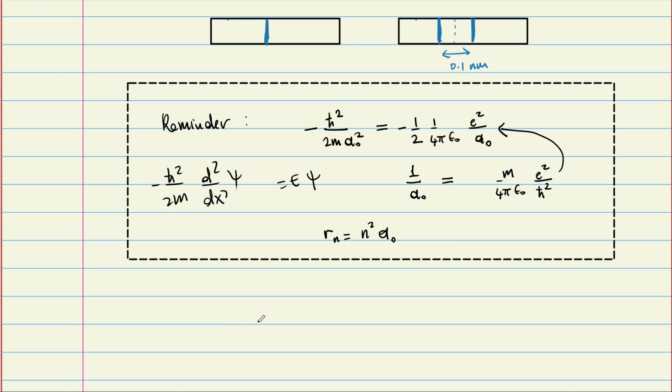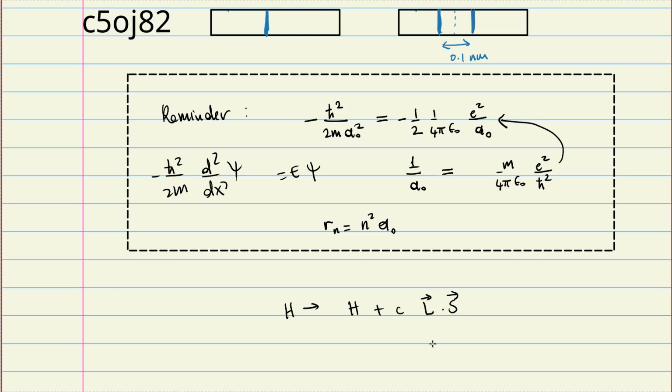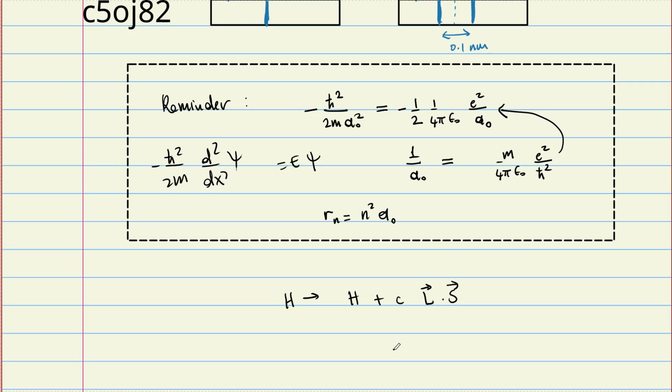Now, as you can see, in my Hamiltonian previously, which was the Schrödinger equation for the Coulomb field, I need to have an additional term. So H is going to be some H plus this constant times L dot S. Now we have a term like this, and what this says is, suppose you are the spin angular momentum, right?